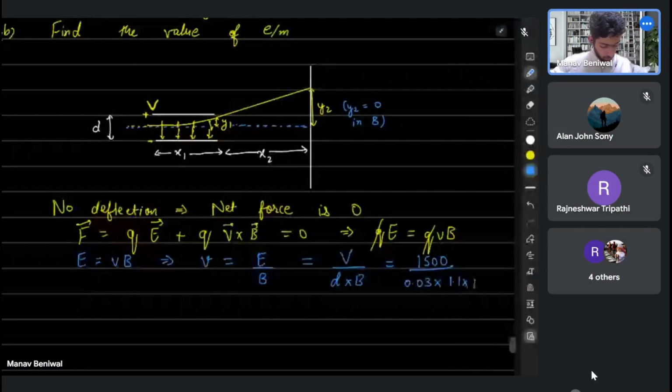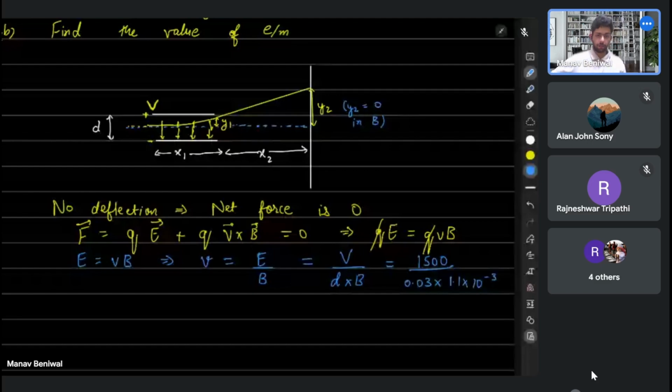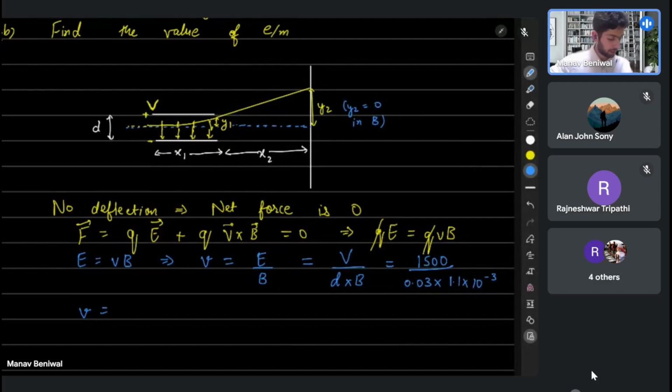So what do we get for V if we solve this? We get 1500 divided by 0.03 and this divided by 1.1. We get 4.54 into 10 to the power 7 meters per second.